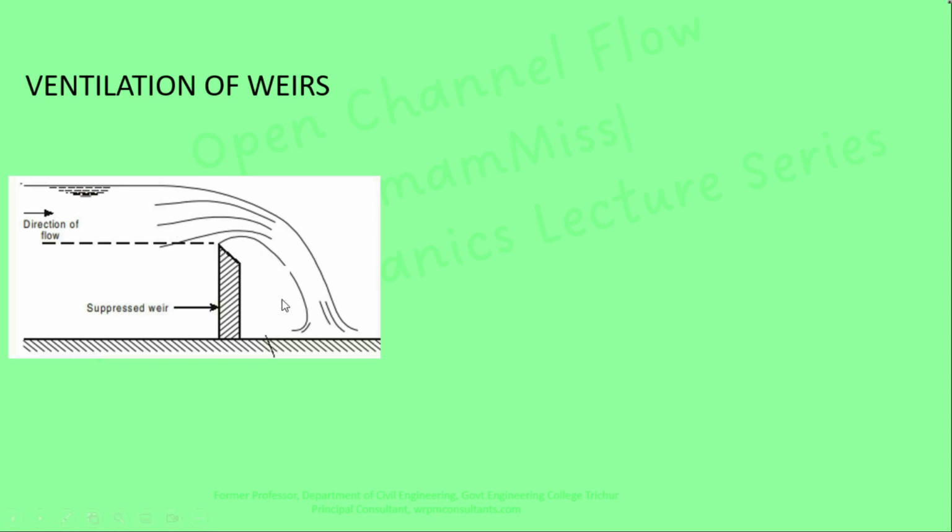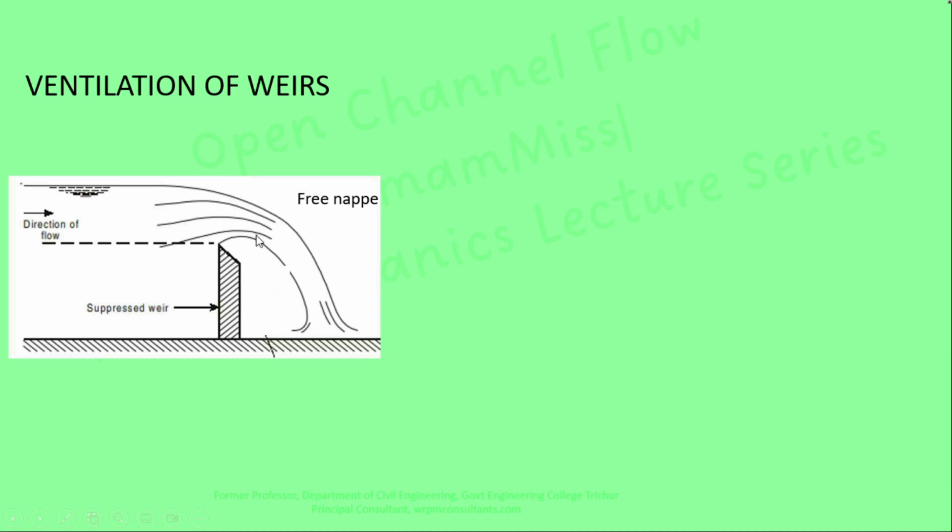During the free discharge, air is trapped between the side of the weir wall, the lower portion of the nappe and the bottom of the channel. So the pressure here is atmospheric pressure. During the course of motion, this air is carried away by the flowing water, so the pressure here is reduced and becomes sub-atmospheric.